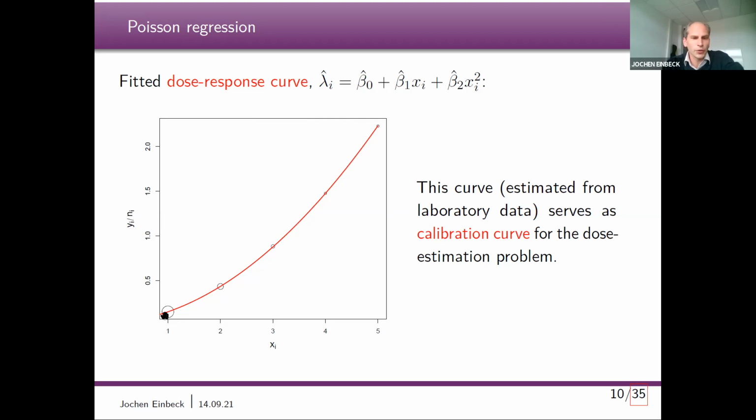And you see this fits actually quite nice. It's possibly a bit too good to be true. It also comes from laboratory data. But in general, it is the case that for this dicentric biomarker, those response curves are relatively stable.